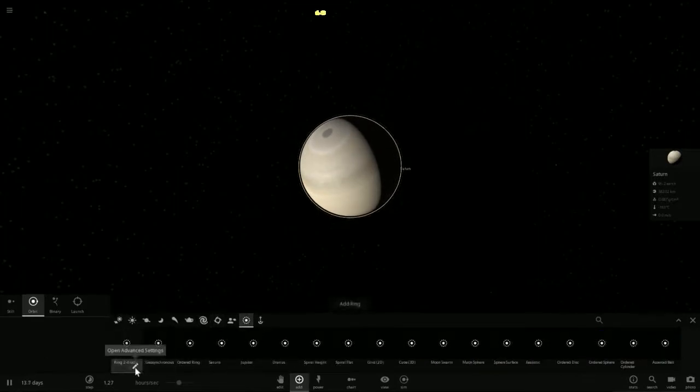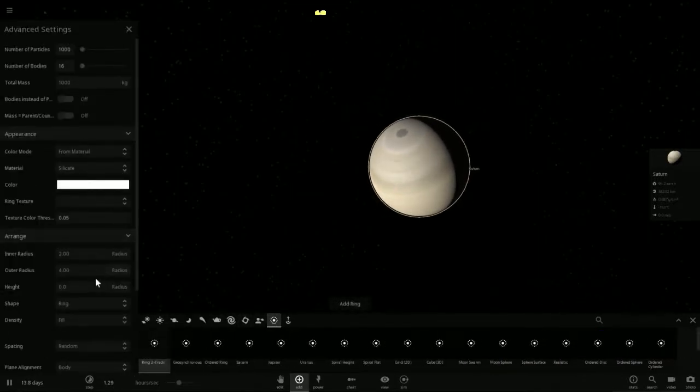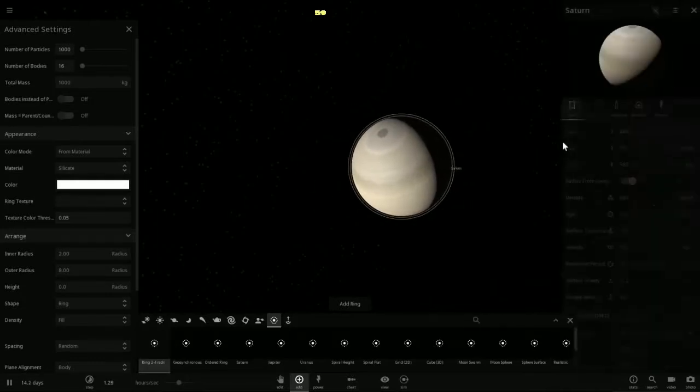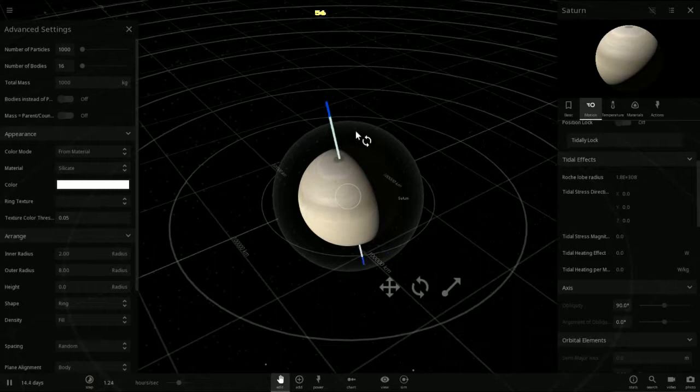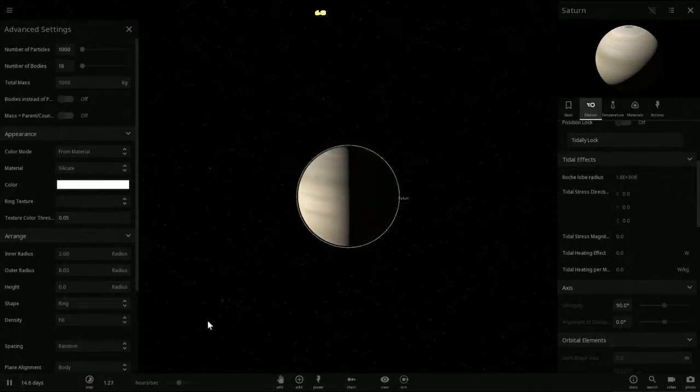So first off, what we want to do is we want to make its rings pretty big, and that don't work. Okay, so we put that there.